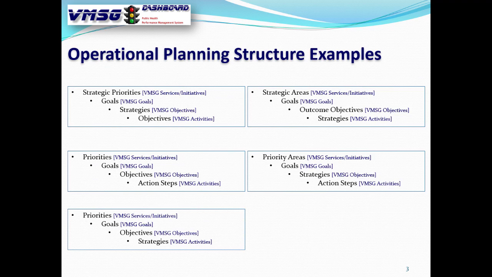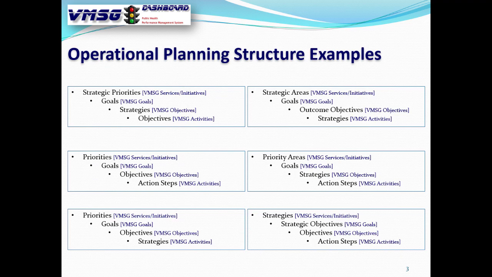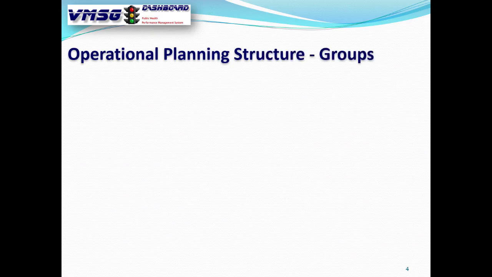Priorities, goals, objectives, and strategies as activities this time. And then strategies at the top, strategic objectives, and then action steps. I think you can see that regardless of the specific nomenclature, each plan fits nicely into the pyramid model here. Here are some real examples of plan elements at each level in the pyramid.